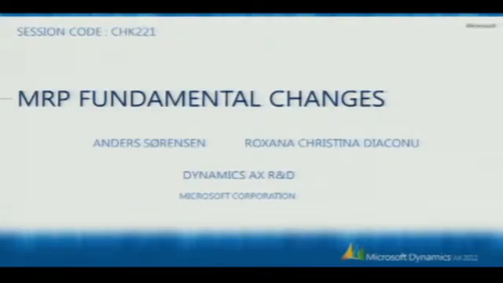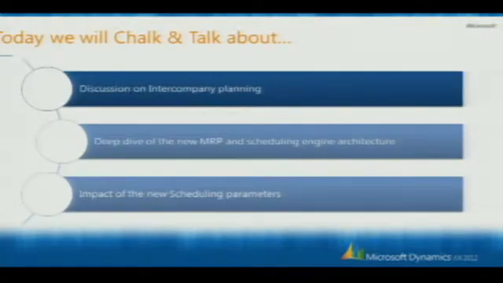This is a chalk talk, so we have some things that we have prepared to get the discussion started, some different topics that we would like to go through just to give an introduction to various things. But then it's your opportunity to ask questions. This is about MRP.